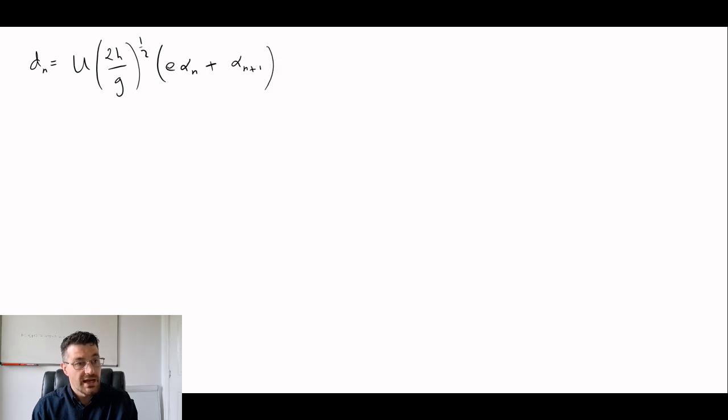So I'll write it on the screen so that I can get warmed up. We've got d sub n is equal to u times (2h over g) to the power of a half, times e times (alpha sub n plus alpha sub n plus 1), where alpha sub n is equal to (1 minus e to the power of 2n over 1 minus e squared) to the power of a half.